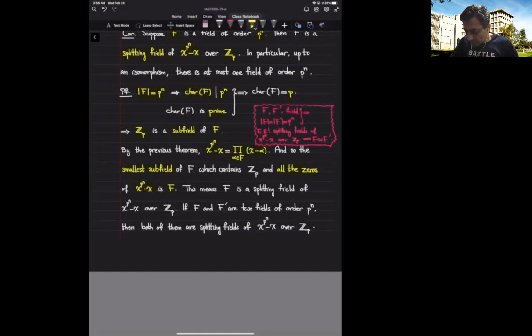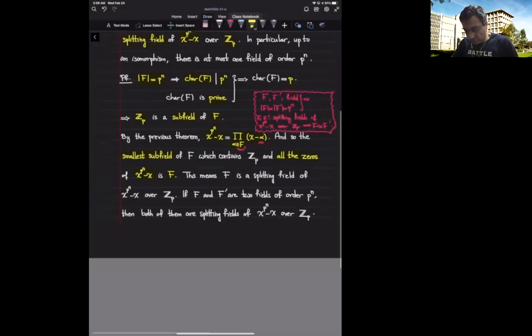Again, because if I give you all these zeros, then I'm giving you the entire F. That means that this F is indeed a splitting field of x^(p^n) - x. So that's what we wanted to show.